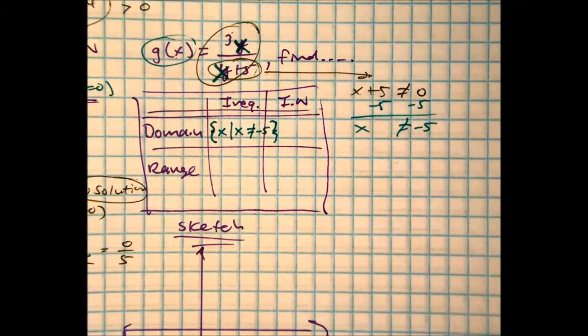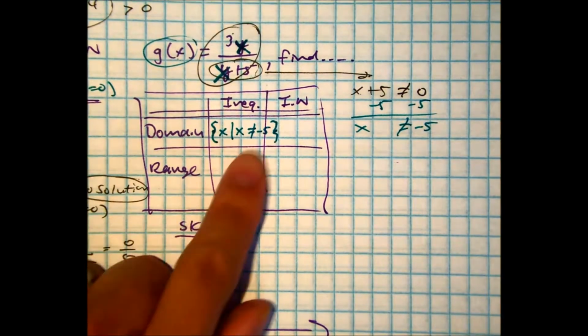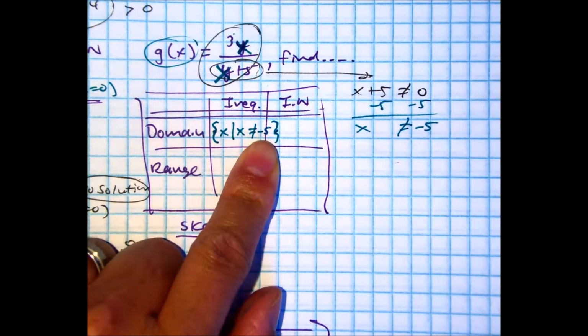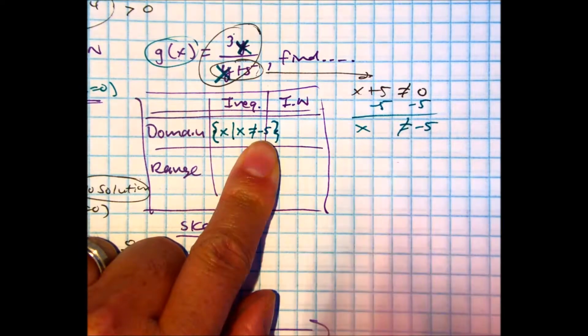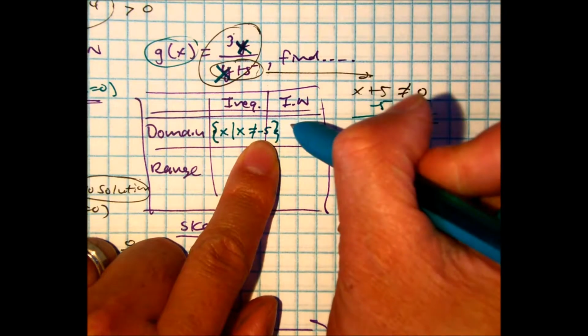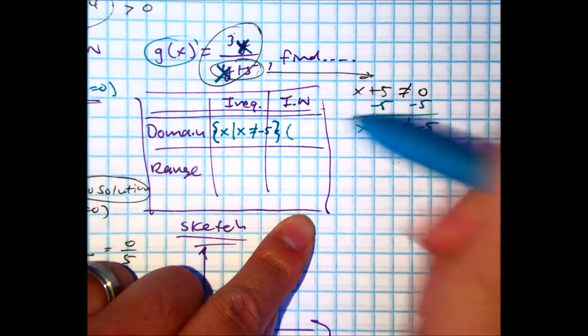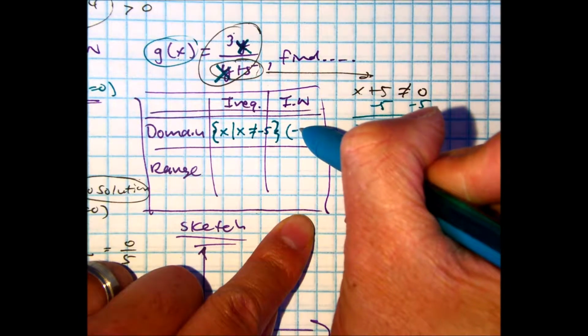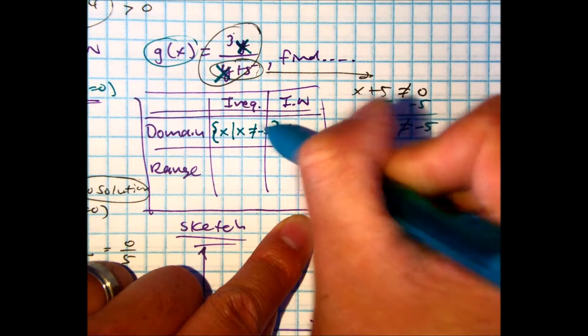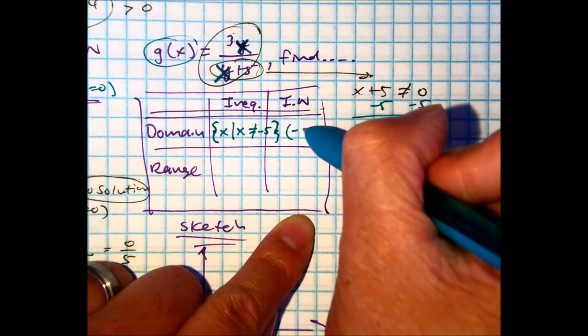Okay, let's think about this. If the only number that you can't pick is negative 5, how would you write that in interval notation? Remember, you can pick all the values except for negative 5.